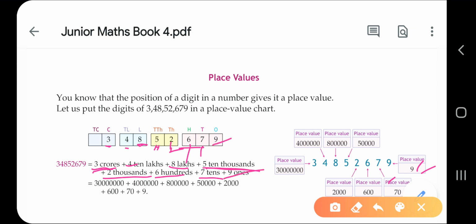So again we will write this number in expanded form like this.